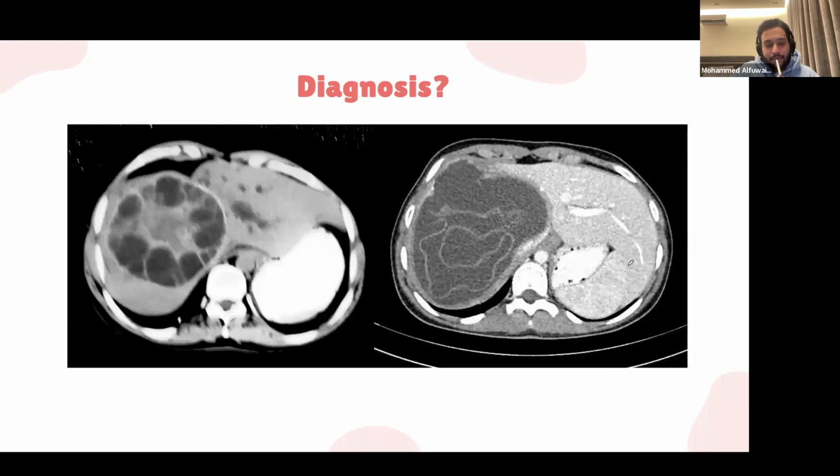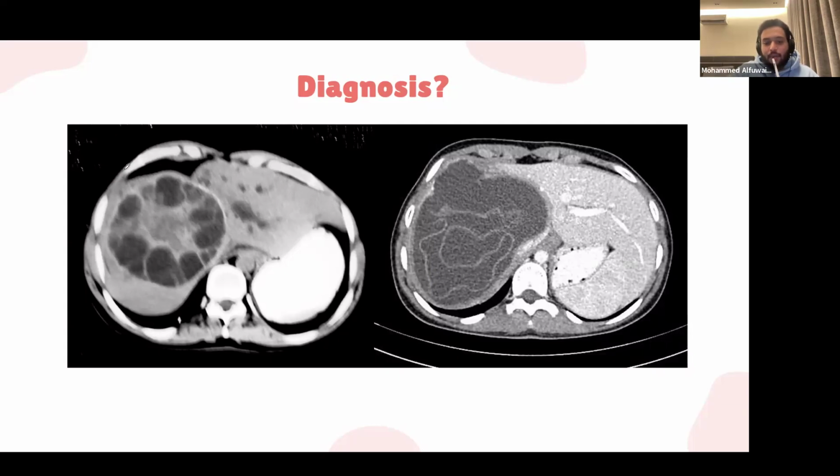How about this patient? I'll give you a hint. This patient is a farmer who deals with a lot of sheep and has a dog. Hydatid cyst. Good. What's the organism? Echinococcus granulosus.